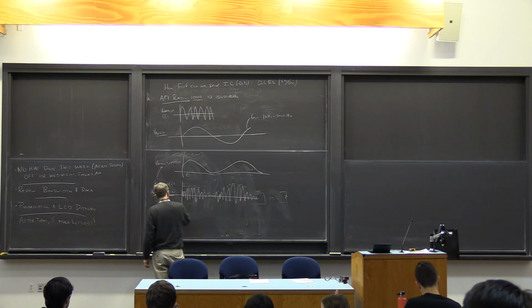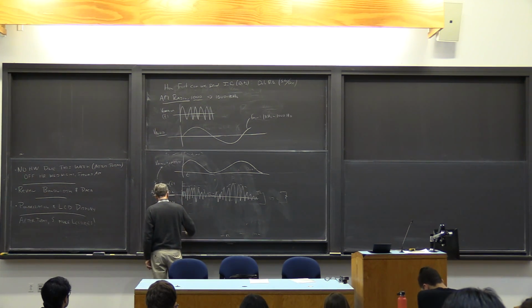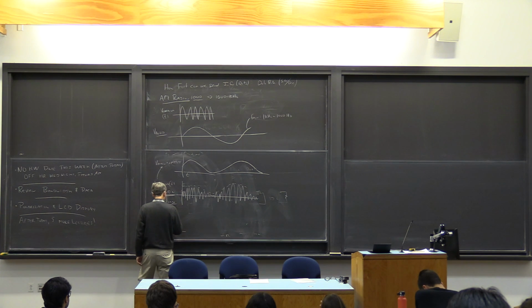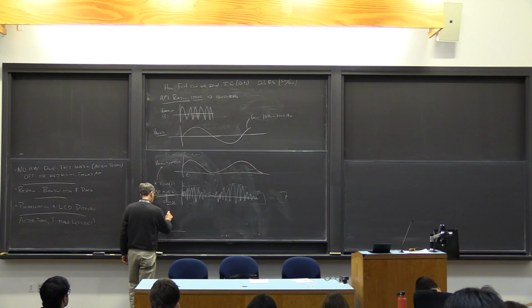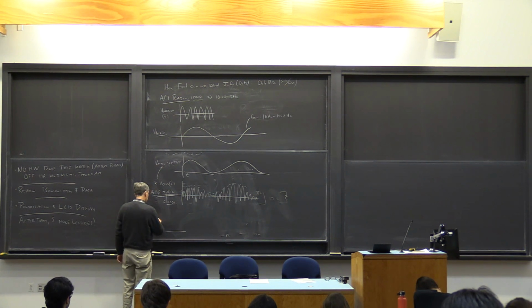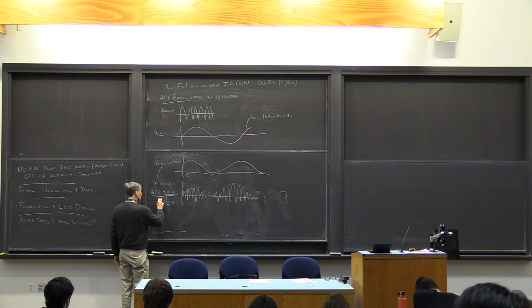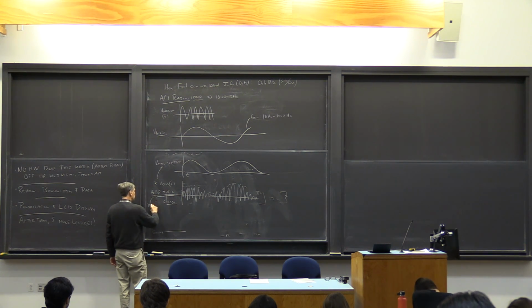Then we take this signal here and we send it to the antenna. So here's the ground. And we have an antenna here on the top. So we take this voltage, which is, let's call this VAM here, our amplitude modulated signal.